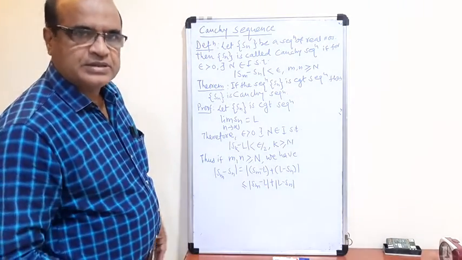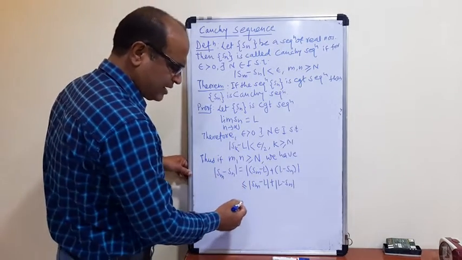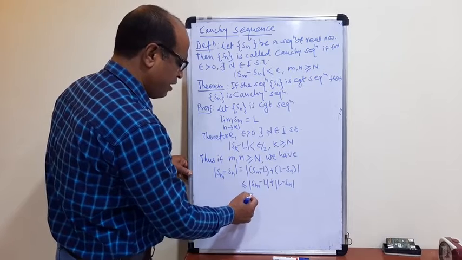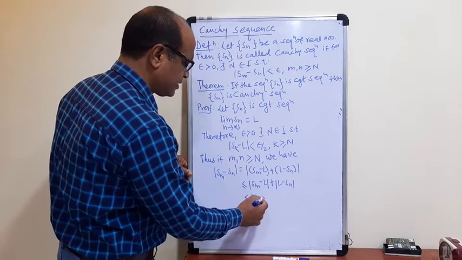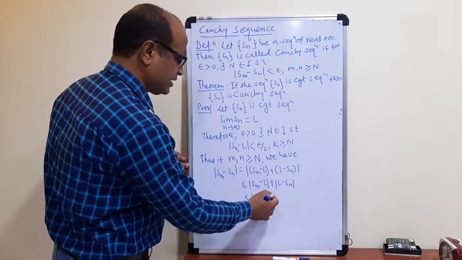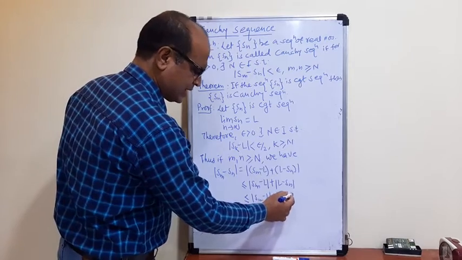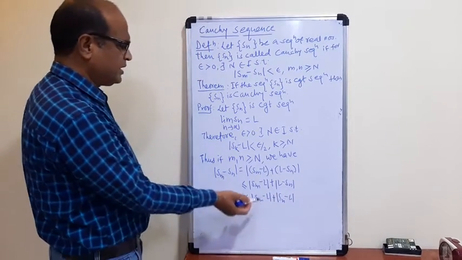So what is the inequality? Mod of A plus B is less than or equal to mod A plus mod B. So this can again be written in the form Sm minus L, we take the minus sign out and there is a mod, so we get mod of Sn minus L. What is the definition here?